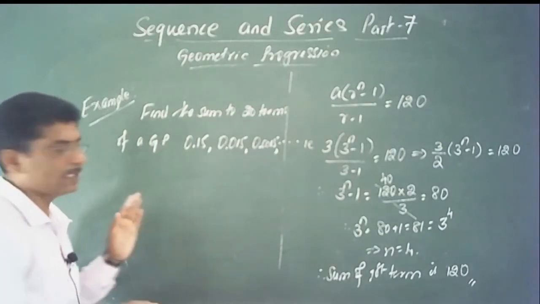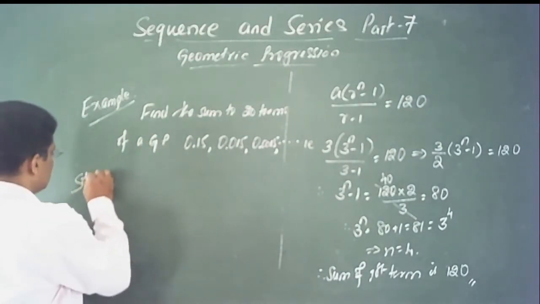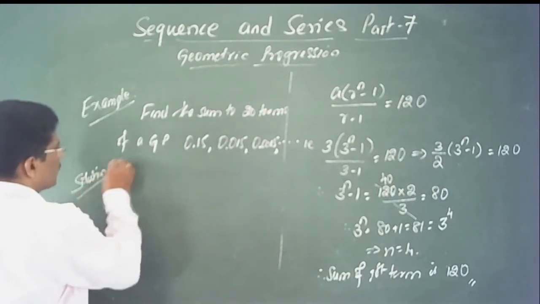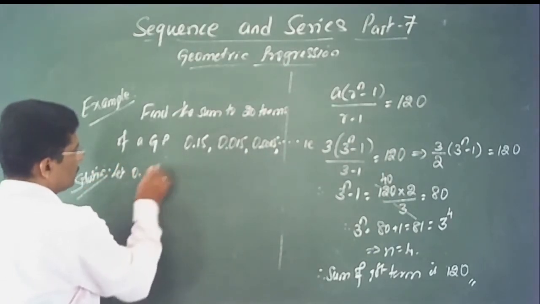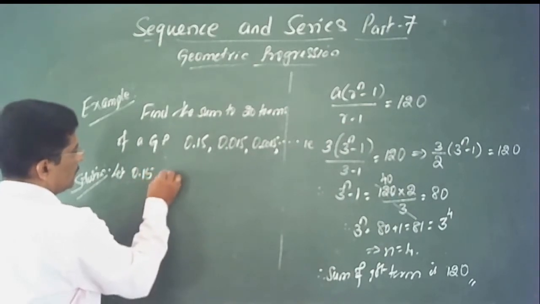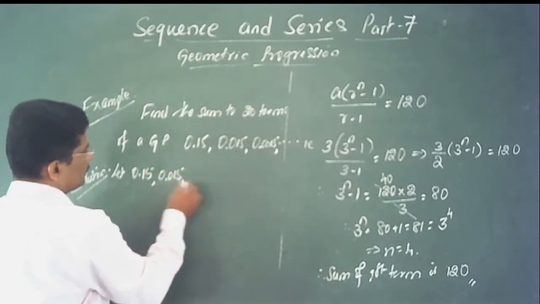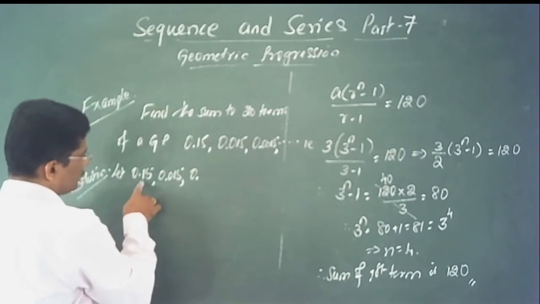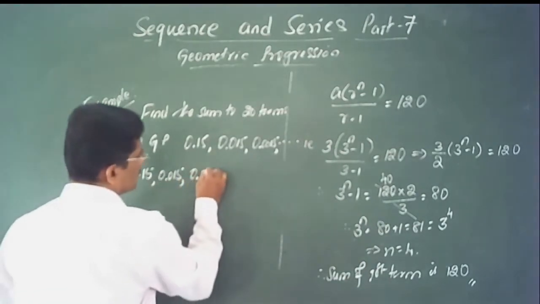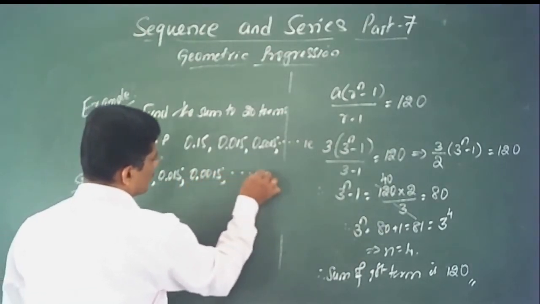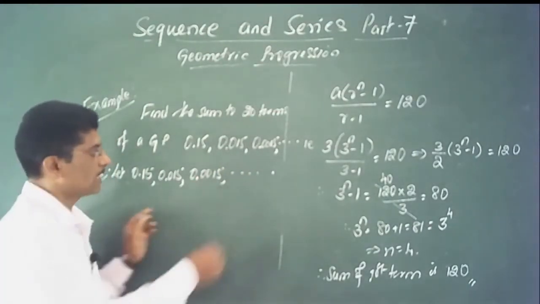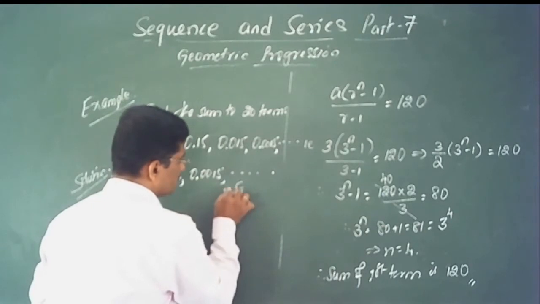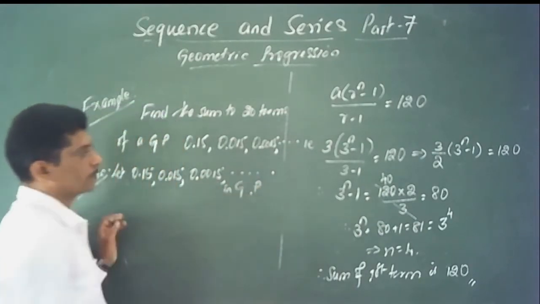Here given that the given sequence is in GP, geometric progression. 0.15, 0.015, 0.0015, continue like this. These are in GP, geometric progression.